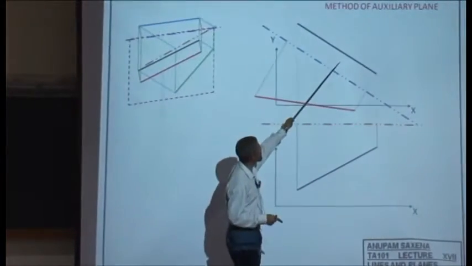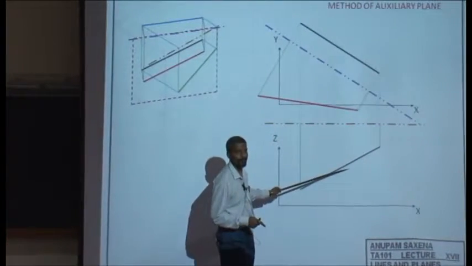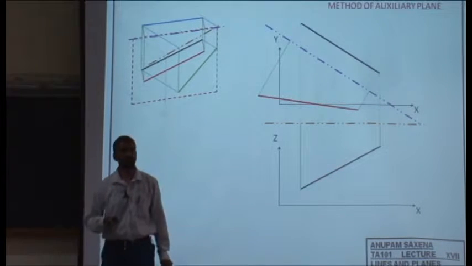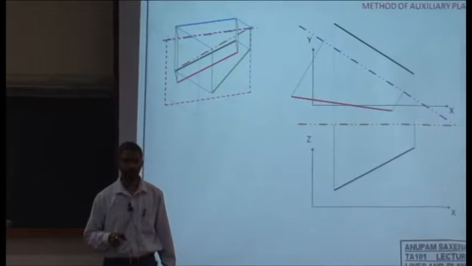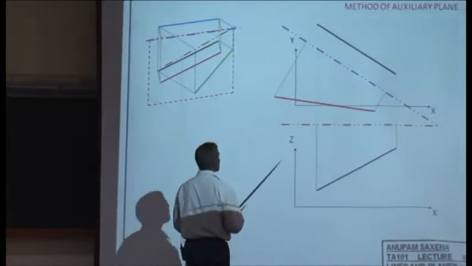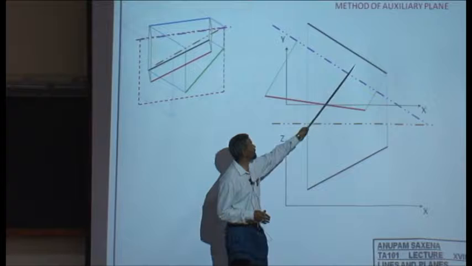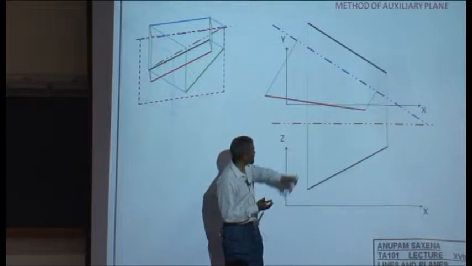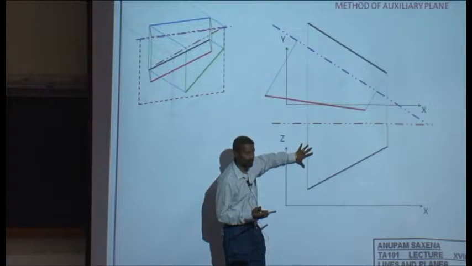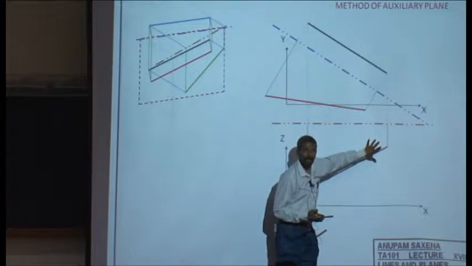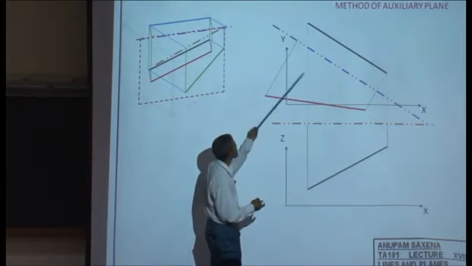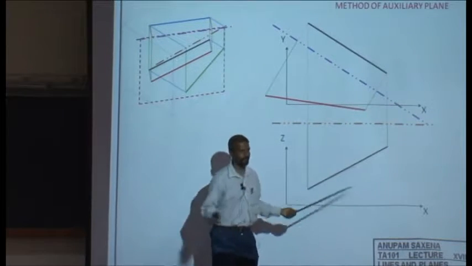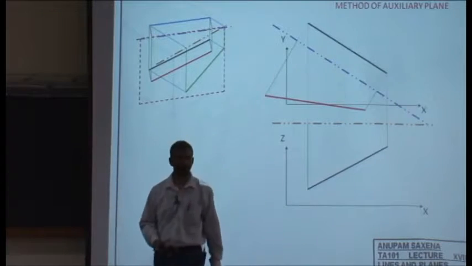So this one is common between this view and this view. Now, just in case you are confused where to take the distances from, this would help. Just let go of the common view, measure the distance in one of the given views, and transfer that distance to the third view. As simple as that.